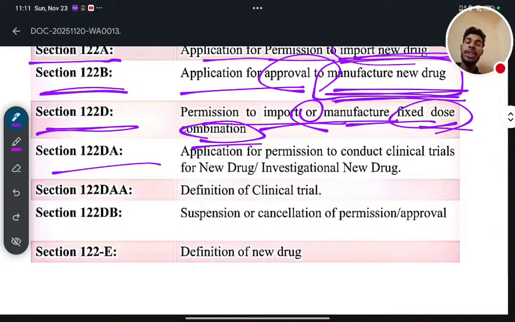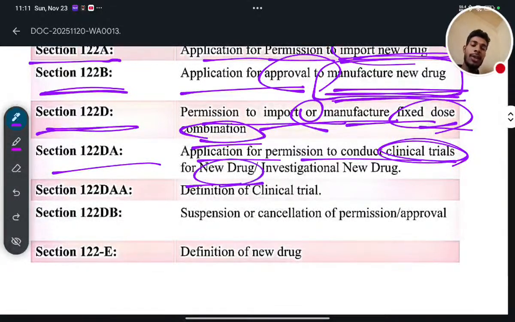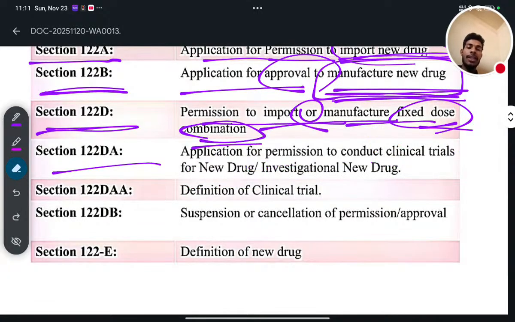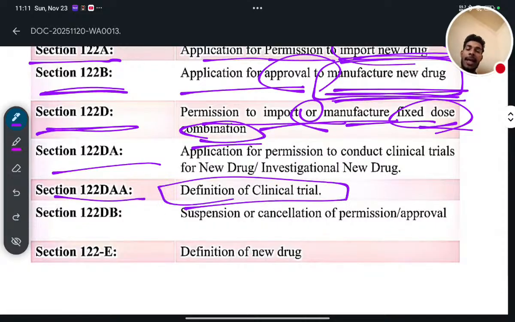Rule 122DA is for application for permission to conduct clinical trials for new drug and investigational new drug. That is all about NME. NME means new molecular entity. Rule 122DAA is for the definition of clinical trials.